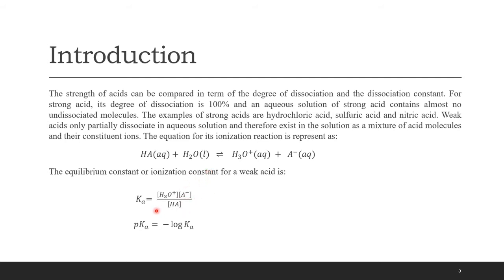We sometimes gauge the strength of an acid by the value of pKa. As soon as you have the p here, it just means the negative log of that. So what you will be doing is measuring the pH and then eventually the pKa, and from there you can get the value of Ka.